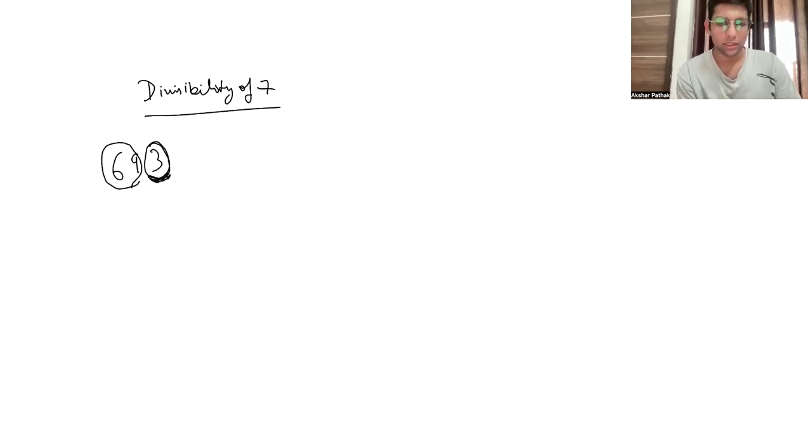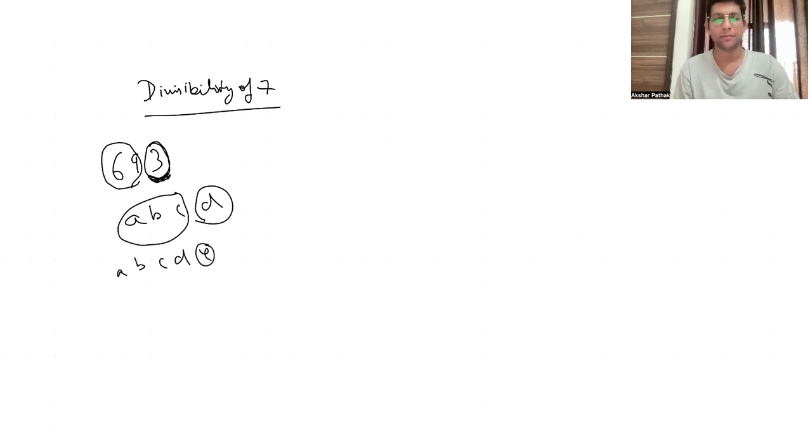You just take 3 and group it, and you take 69 and group it. If you're given A, B, C, D, you group D and you group A, B, C. If you're given A, B, C, D, E, you group E and you group A, B, C, D. So you have to group the last digit, and the other group should be the remaining digits.